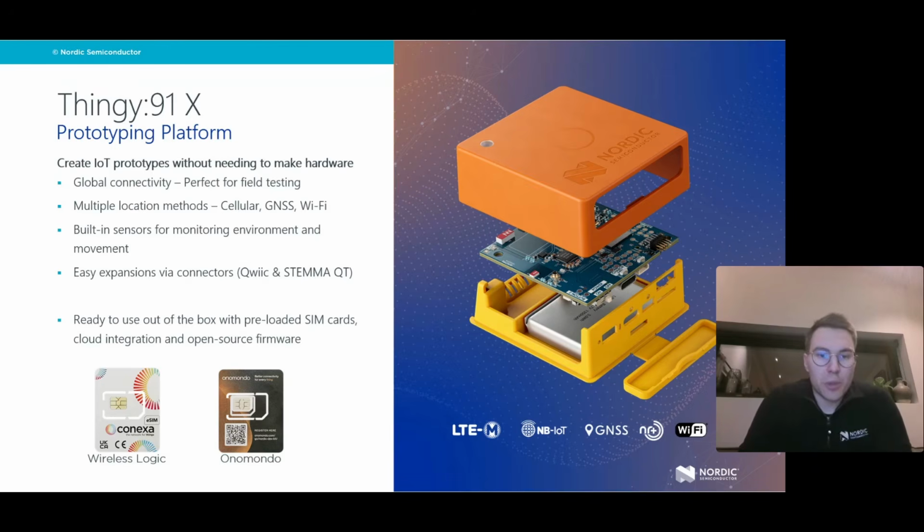And it's one of the simplest onboarding experiences, at least in my view. You just scan the QR code on the device and you get directed to a website where this Thingy 91X device you just have turned on will connect to and then start to send data and location data. So you can already get started to test, and then you can go ahead and create your own applications and run that on the device.